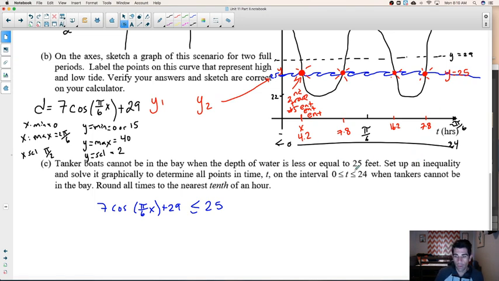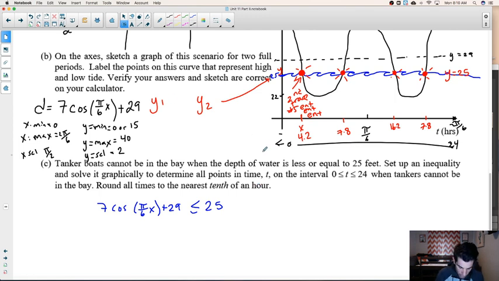So when they want to know, determine all points in time on the interval when the tankers cannot be in the bay, and then round all answers to the nearest tenth of an hour. So at 4.2, and all of these, right there. And there you go. So those are your 4 points.